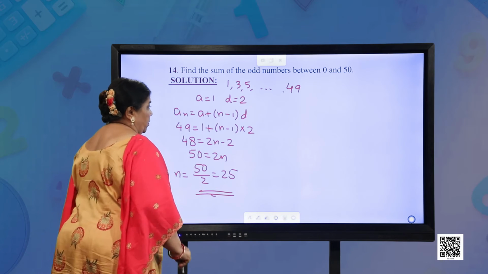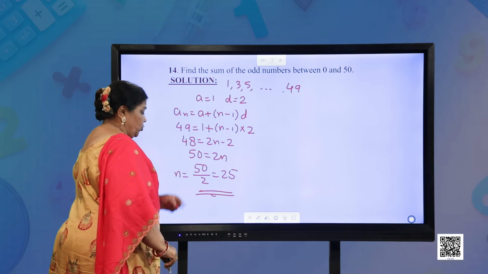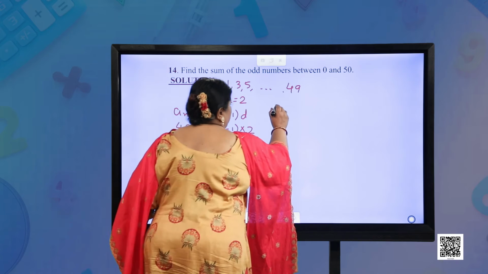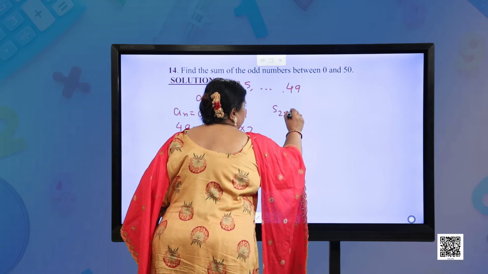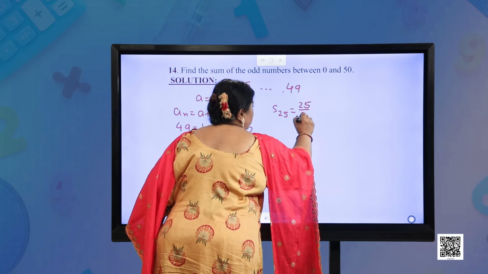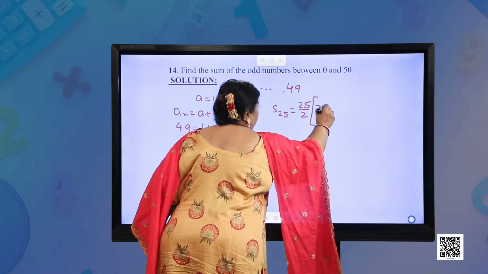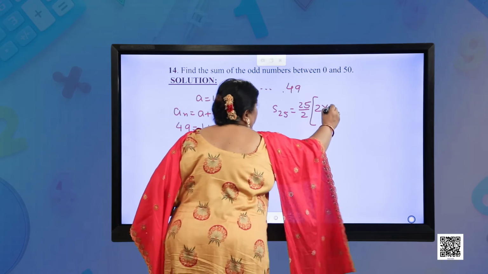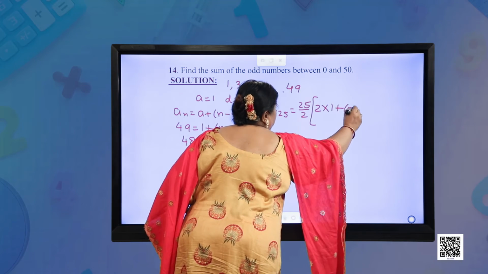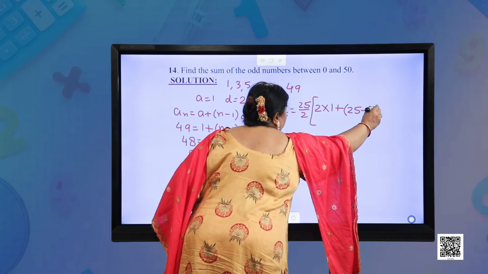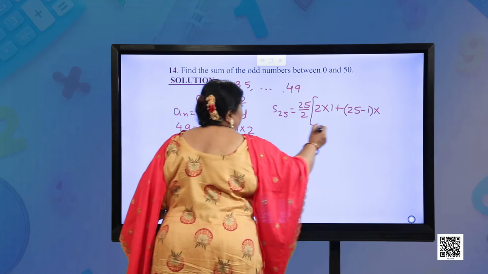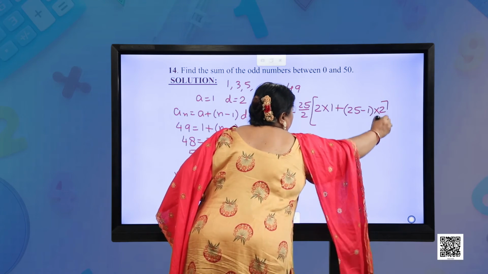Alright. Now, I need to find the sum of these 25 terms. So, S25 is equal to 25 upon 2, 2a. What is a? It is 1, plus n minus 1, 25 minus 1 into d. d is 3 minus 1, that is 2.